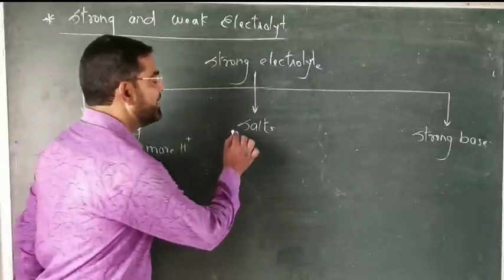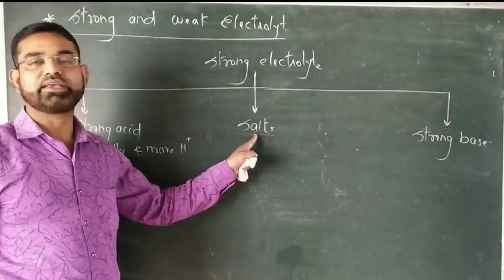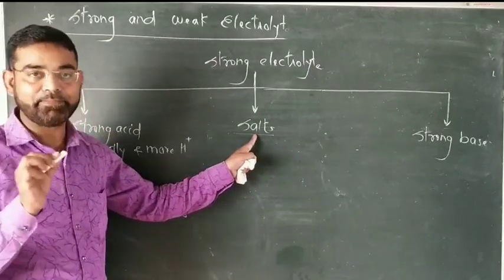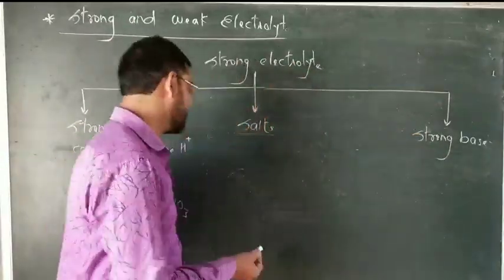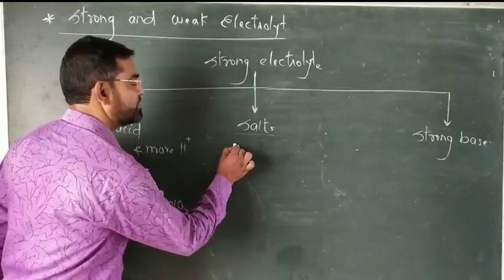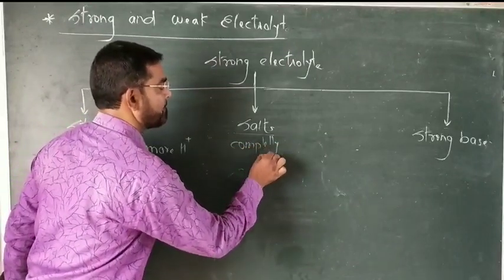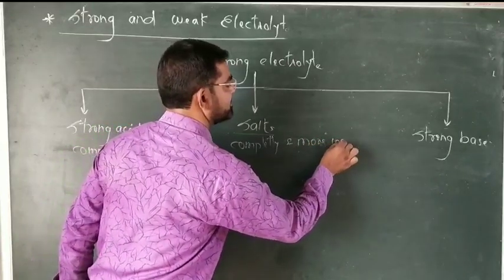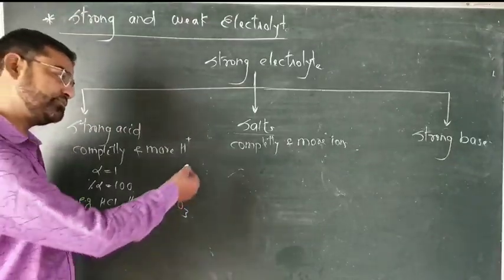Salts. In strong salts, generally we take those salts which are made up of a strong acid and a strong base. That's why they also dissociate completely and give more number of ions, positively charged or negatively charged.